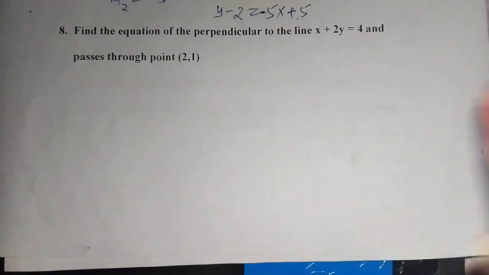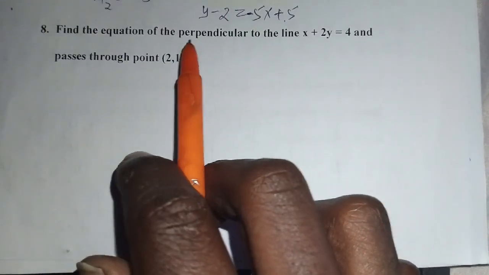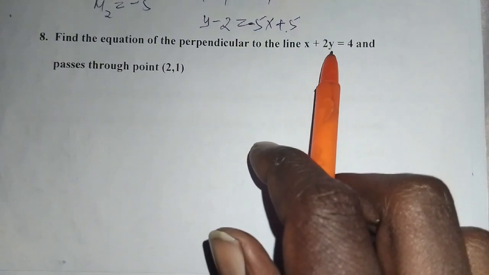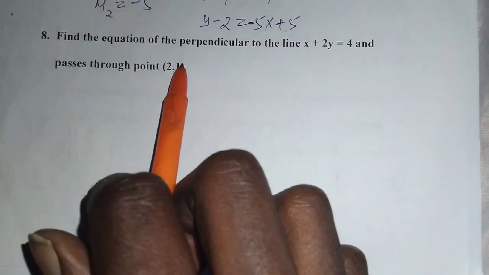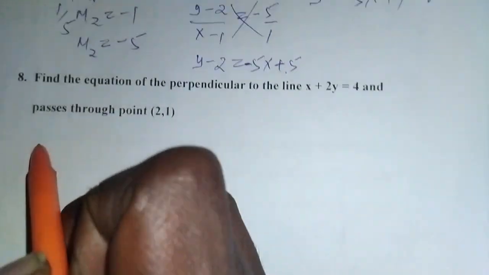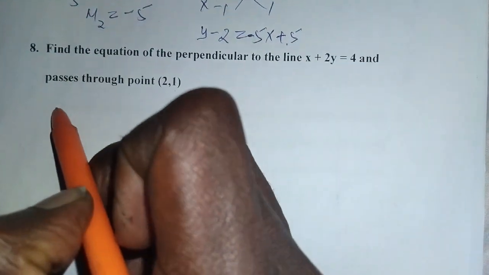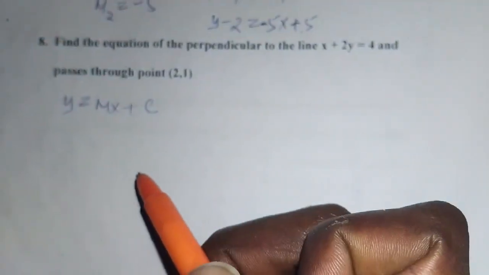Question 8. Find the equation of the perpendicular to the line x plus 2y equals 4 and passing through (2, 1). So rewrite your equation in the form y equals mx plus c.